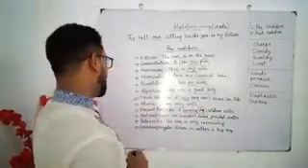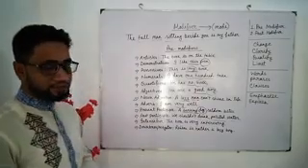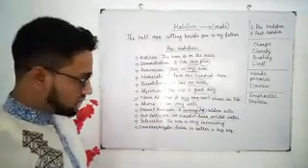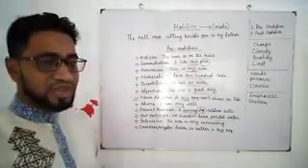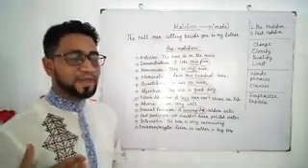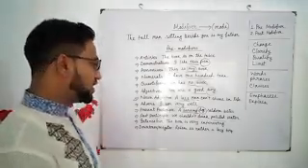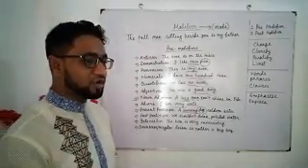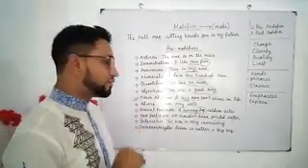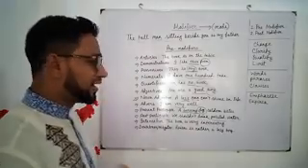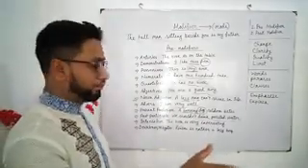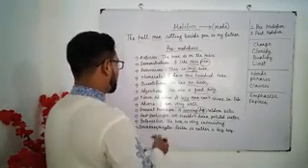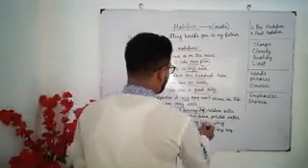And then intensifier. Intensifier gives emphasis to the meaning of a word or something, or gives force to something. In Bangla, jor dewa. The example is, the book is very interesting.